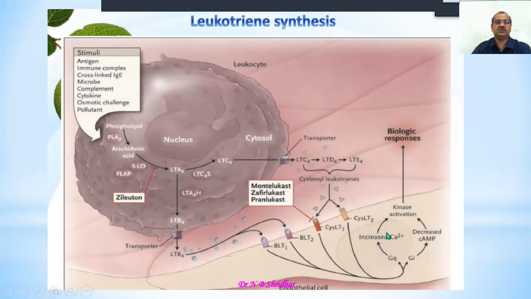Gq is excitatory, with increased calcium influx, whereas with the Gi type of receptors there will be decreased cyclic AMP concentration, and ultimately the biological response will depend upon the kinase activation. So this is a very brief chart which explains the action of different drugs on leukotriene synthesis and also the receptor binding sites.